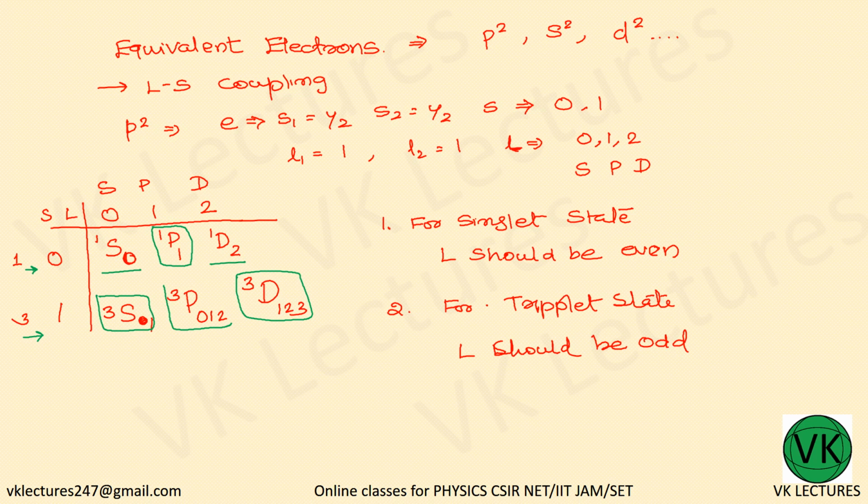So the possible states are 1S0, 1D2, then 3P0, 3P1 and 3P2. So these are the possible spectral terms for equivalent electrons from P.